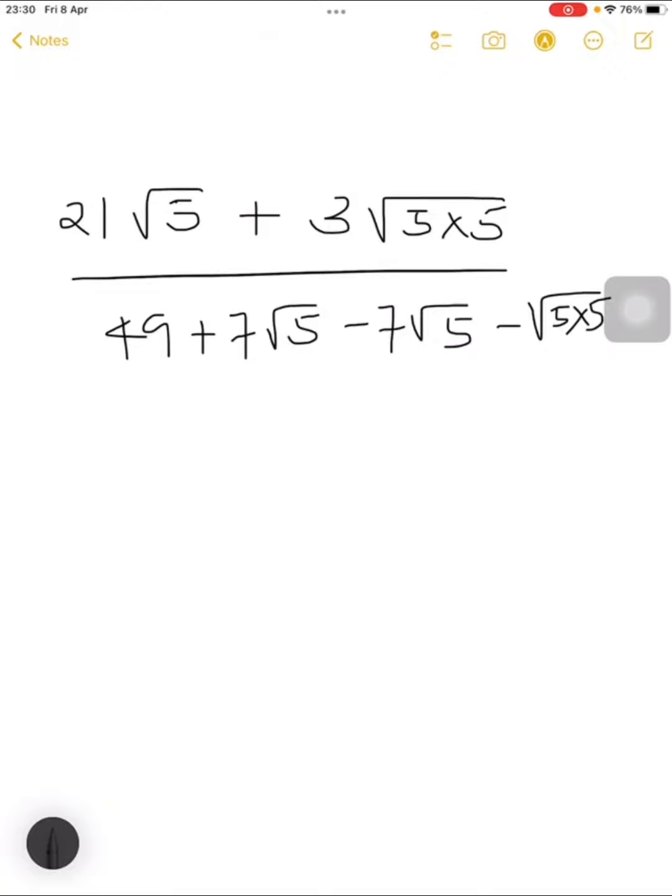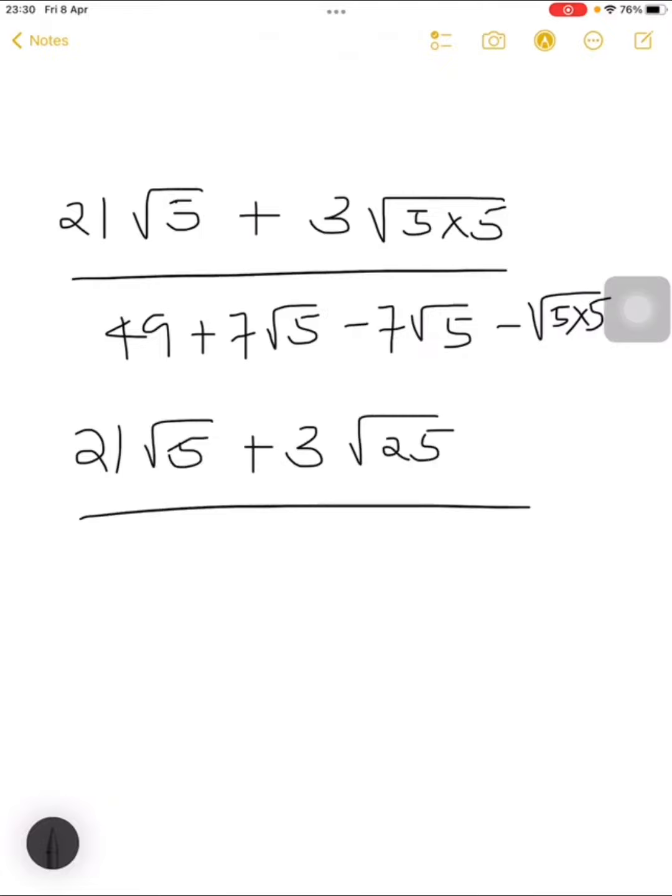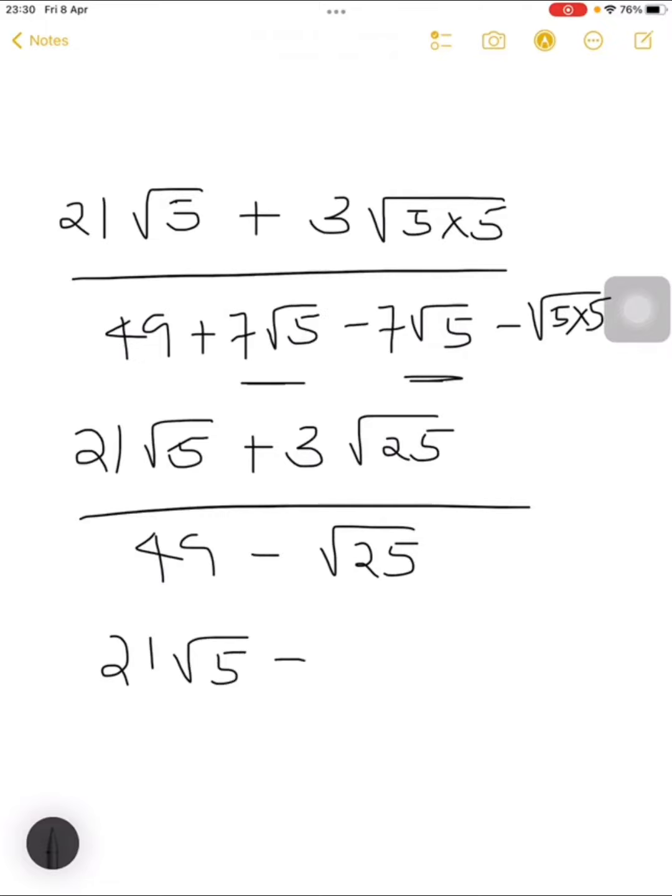And then we are going to have 21 root 5 plus 3 root 25 all over 49. 7 root 5 minus 7 root 5, you get 0, so minus root 25. This is the same as 21 root 5 plus 3 multiplied by root 25, which is 5, so it's like plus 15.